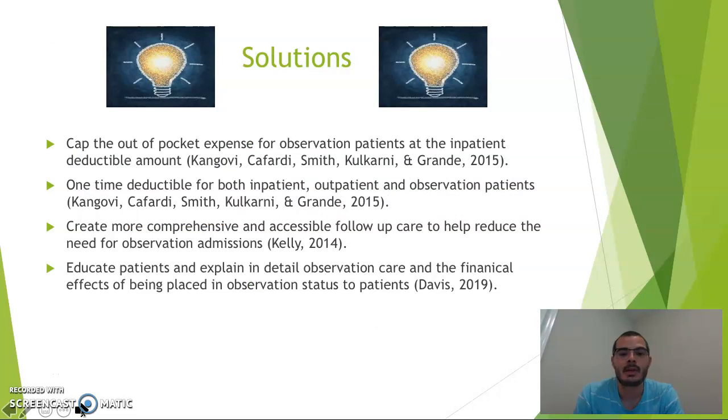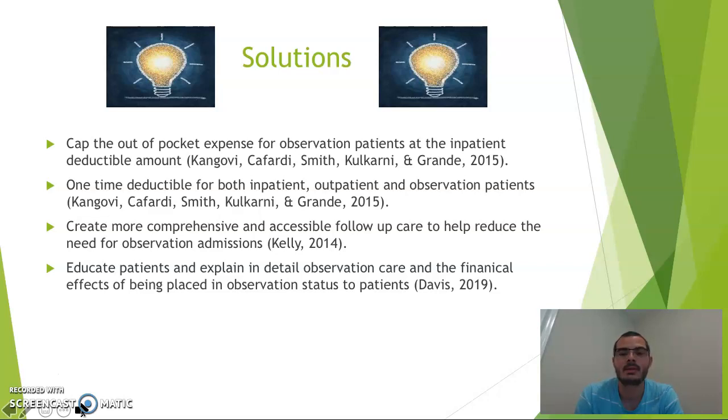Here are some solutions that I came up with and that were suggested by some of the articles that I read. One suggested capping the out-of-pocket expense for observation status at the inpatient deductible amount.